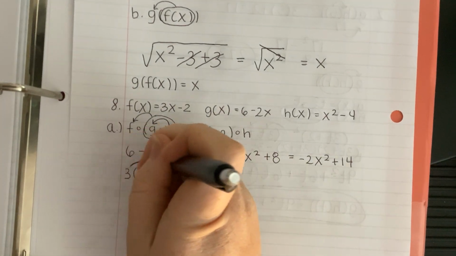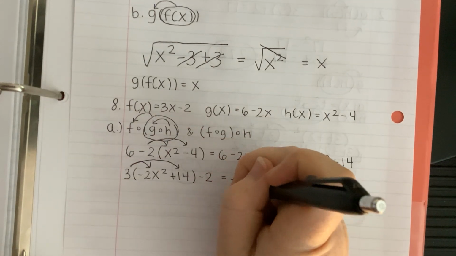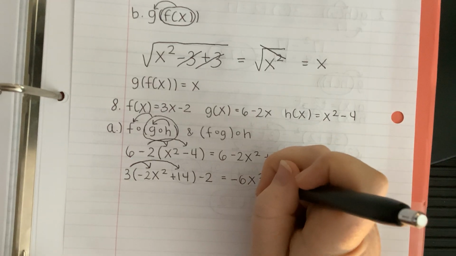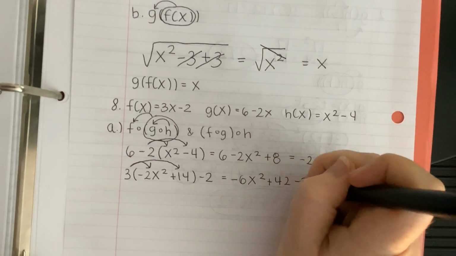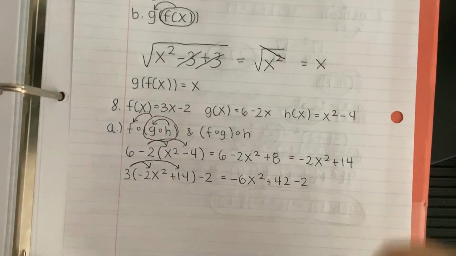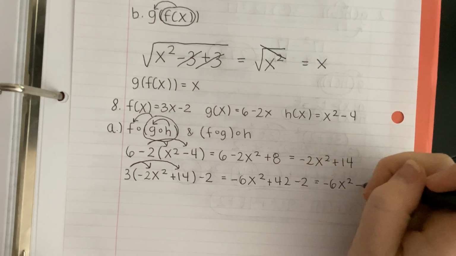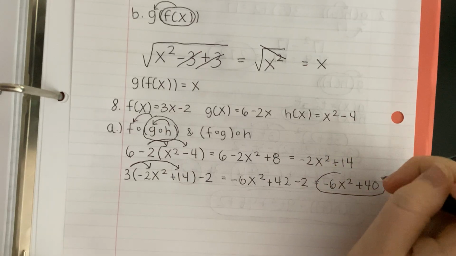Distribute. We're going to get negative 6x squared plus 42 minus 2. And then simplify that down, negative 6x squared plus 40. That would be your final answer for the first one.